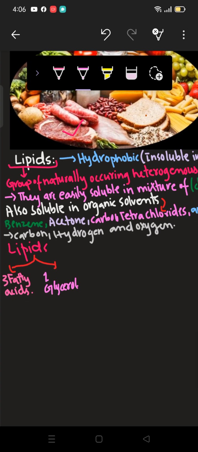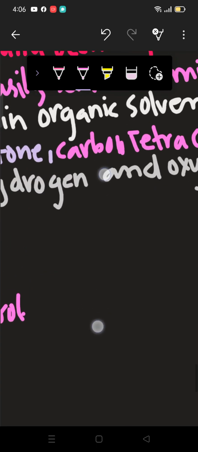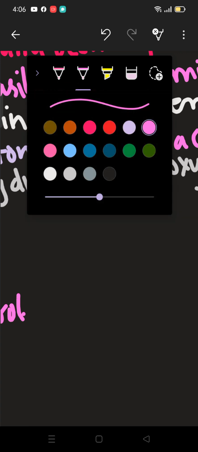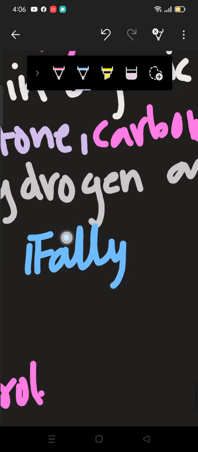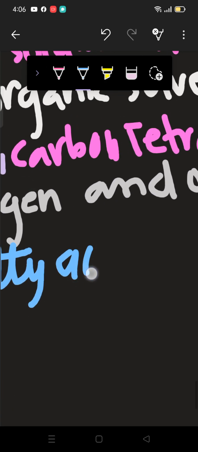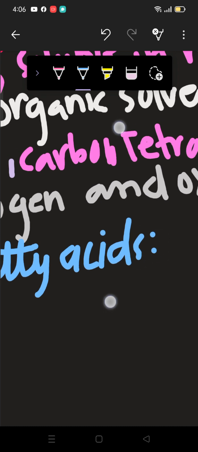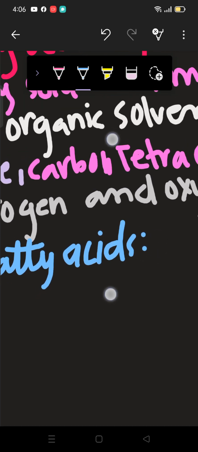Now what are fatty acids? We are going to discuss fatty acids now. Let me give the heading first. Fatty acids. So what are fatty acids? Fatty acids are the lipid building components.